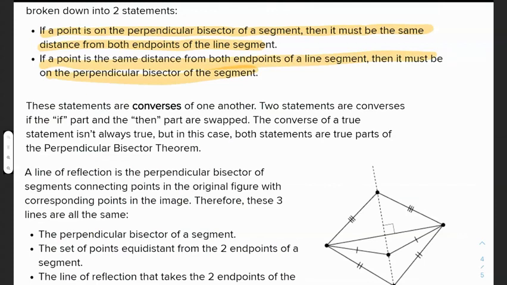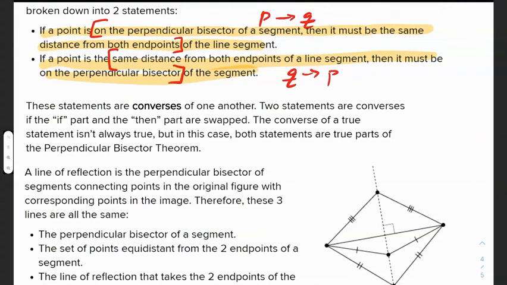They're basically saying if the point is on the perpendicular bisector of a segment, then it must be the same distance from both endpoints, right? And then they say if it's the same distance from both endpoints of the line segment, then it must be on the perpendicular bisector. So this was saying if P, then Q. Well, the converse is, if Q, then P. So they just kind of reversed their statement.